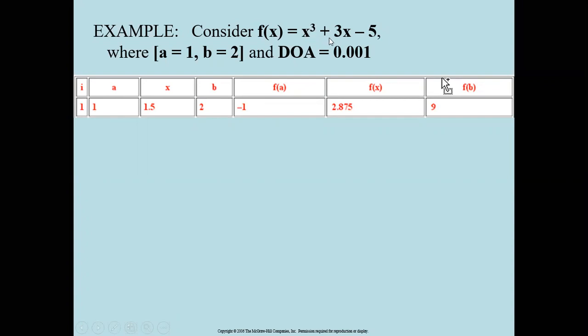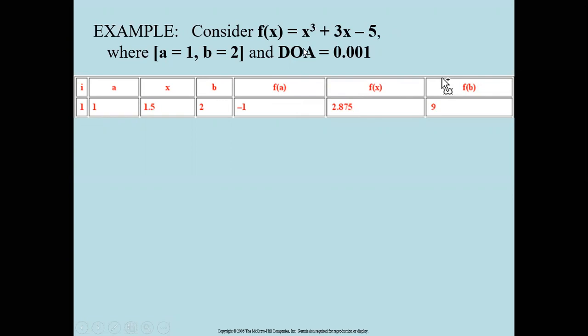So 1 raised to 3 plus 3 times 1 minus 5 gives us negative 1. And f(b) can be obtained using the same process. Substitute b into the given function. So 2 raised to 3 plus 3 times 2 minus 5 gives us 9. Similarly, for f(x), we can obtain that by substituting 1.5 into the given function.